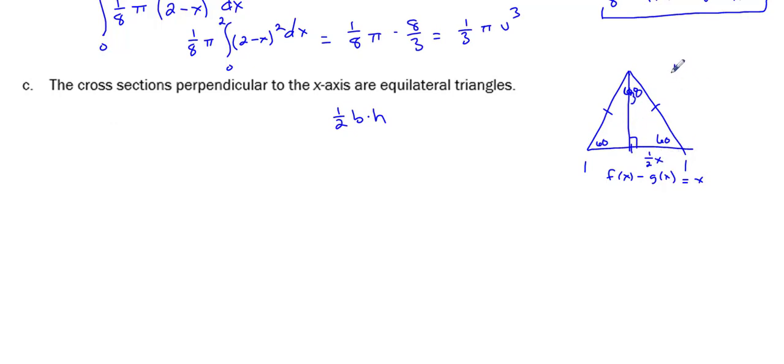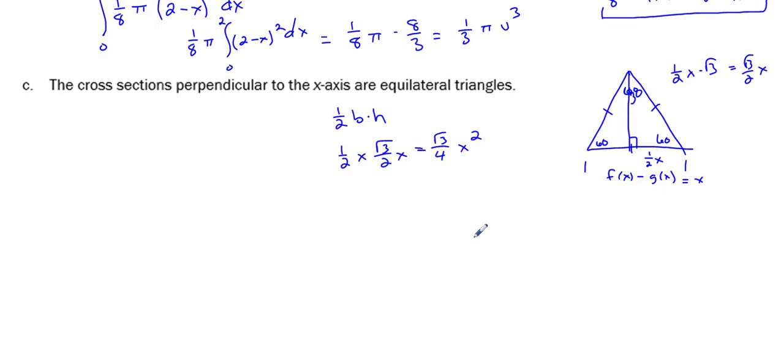So 1/2 x times root 3 gives root 3 over 2 x for the height. Base is x, height is √3/2 times x. So the area for an equilateral triangle turns out to be √3/4 x squared, where x is the distance between the two curves, and that's how they get that formula.